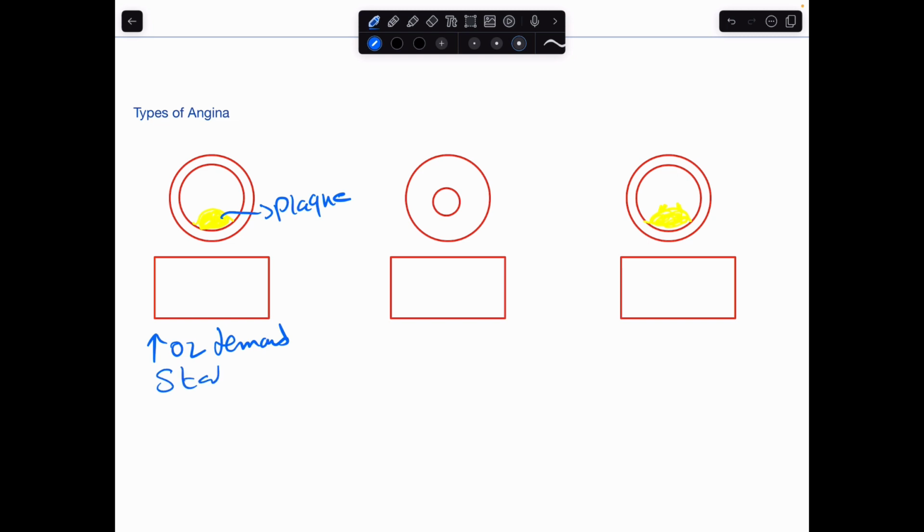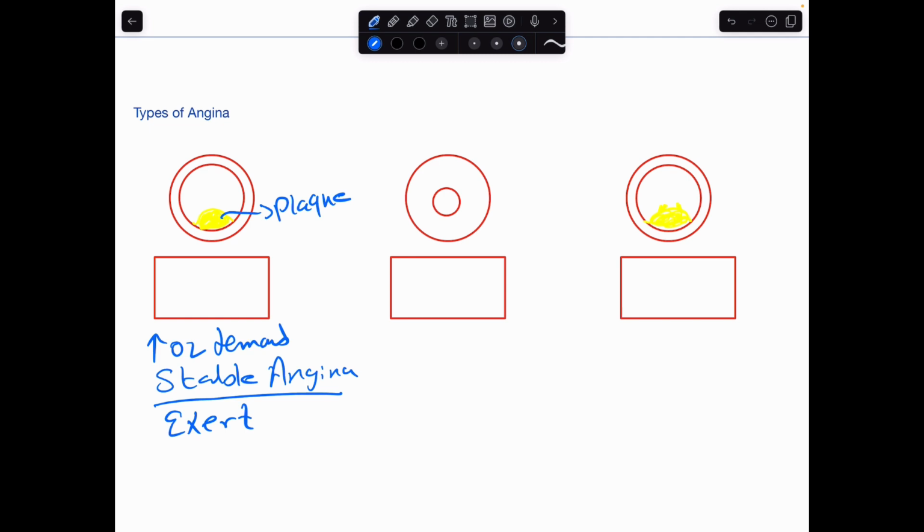This is called stable angina. So the patient gets the symptoms when they exert themselves, whether emotional or physical exertion, by increasing oxygen demand.